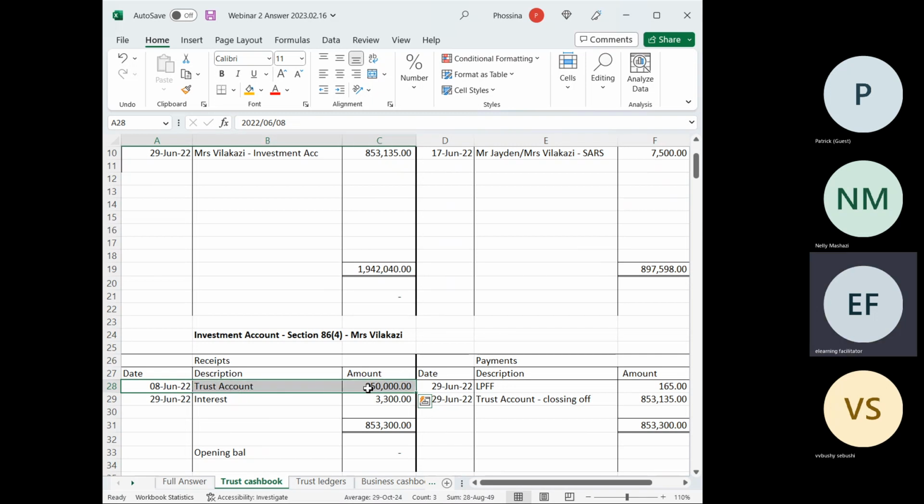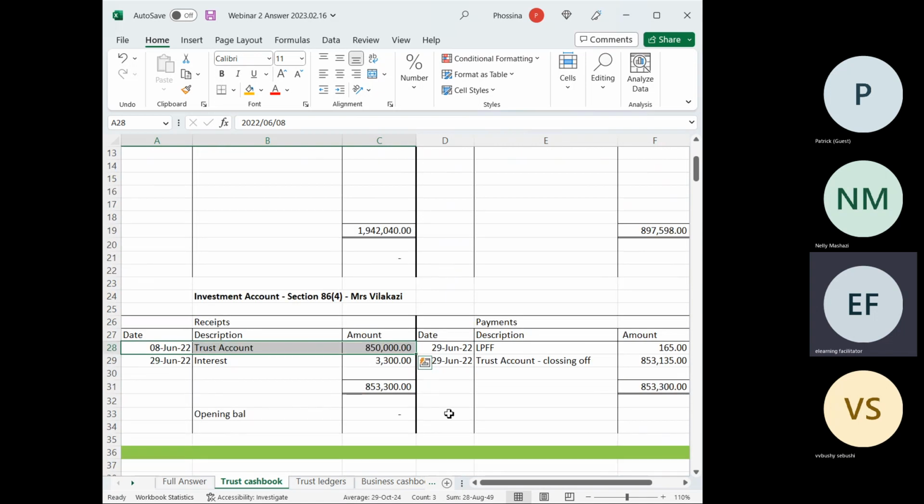There is a bank account that is specifically opened, and that bank account should be recorded. Every transaction that goes through that bank account should be recorded. So when you pay out of trust, you are forced to open an investment account, more of like a cash book or a ledger. Then you open it up and you record the money that has been received.